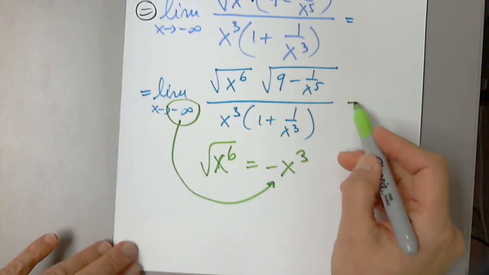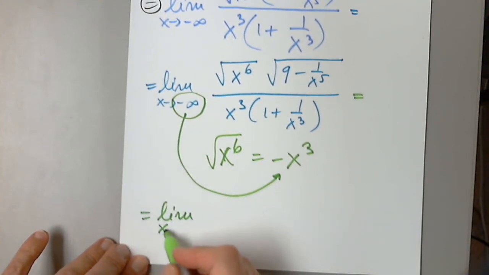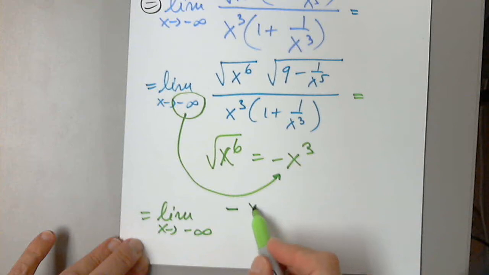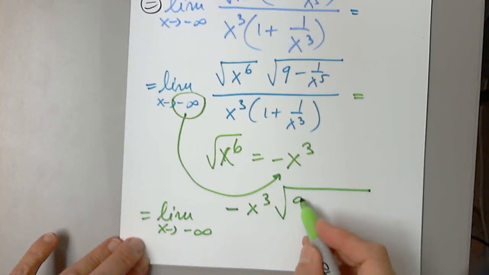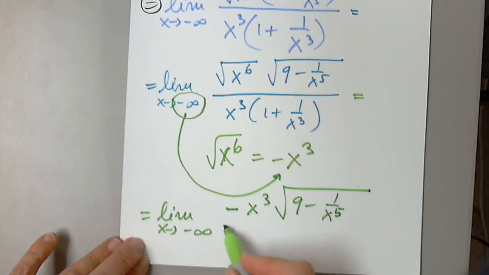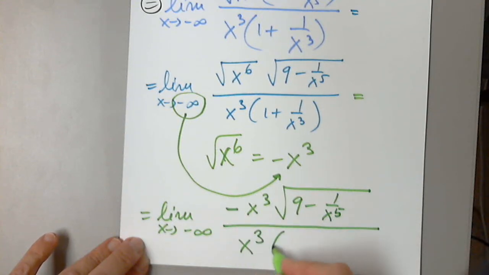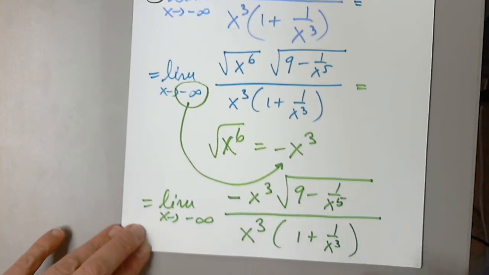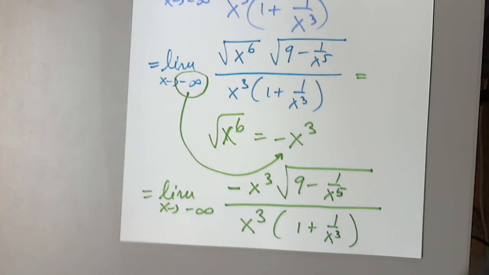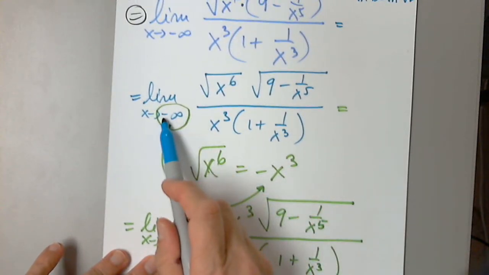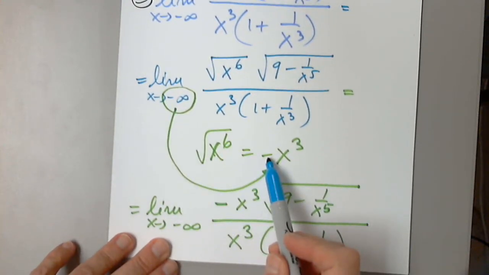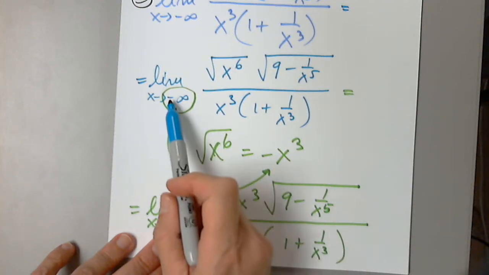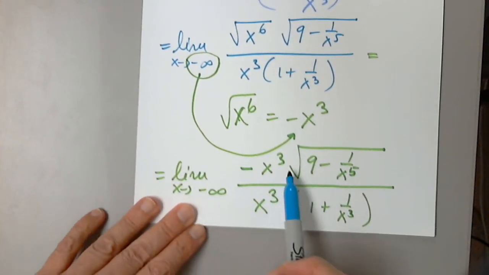So the next step would be limit as x approaches negative infinity of negative x cubed times the square root of 9 minus 1 over x to the fifth, over x cubed times 1 plus 1 over x cubed. So please be very careful. When x approaches positive infinity, then you don't need the negative. But if x approaches negative infinity, you need a negative x cubed.